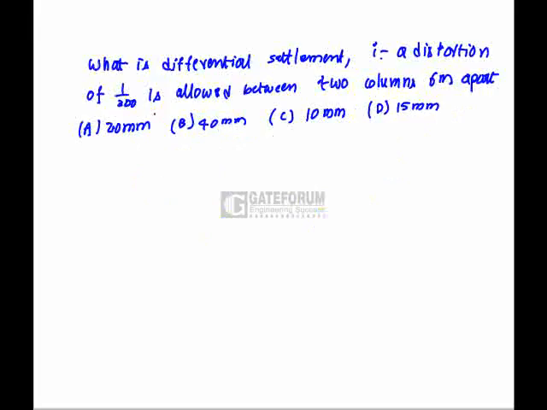We have to find out the differential settlement. If the distortion of 1 by 300 is allowed between two columns, the two columns are 6 meters apart, L is 6 meters, and the distortion is given as 1 by 300. Let me take it as theta. First column settlement is S1, second column settlement is S2.